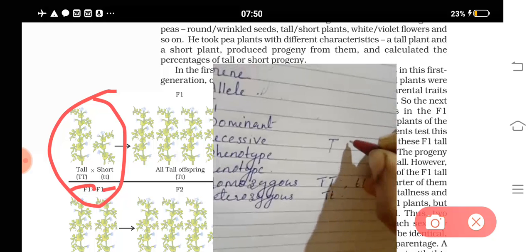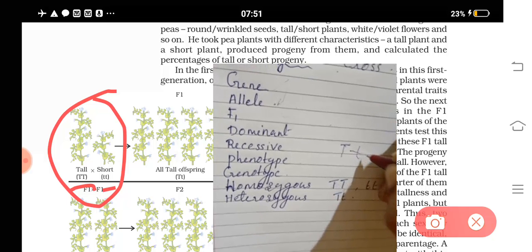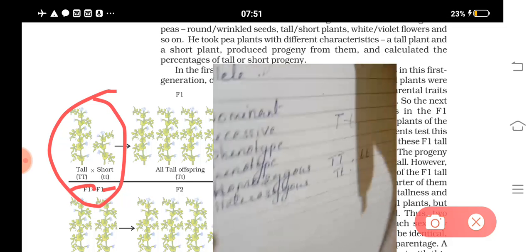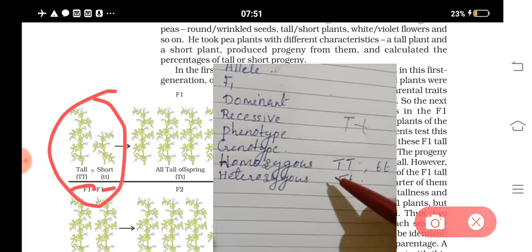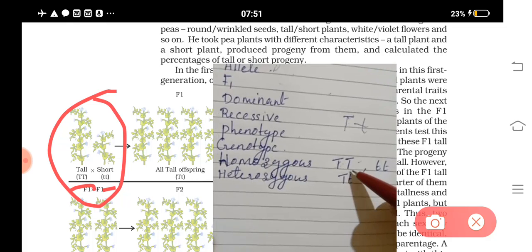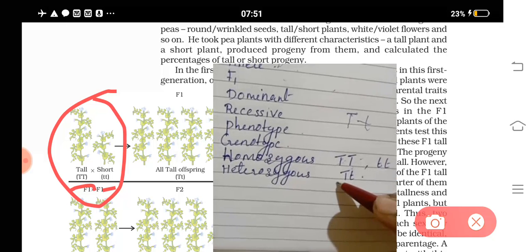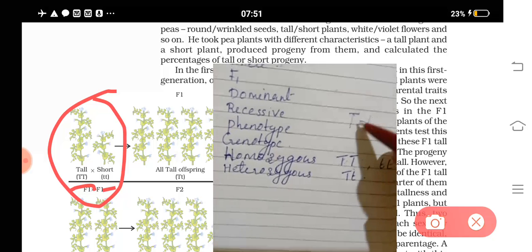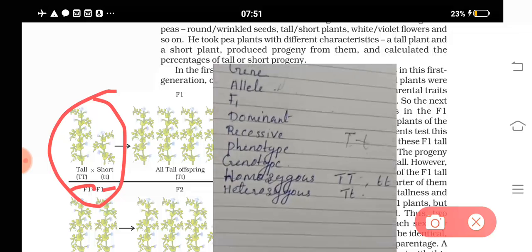In a particular individual there will be two alleles, they can be capital T or small t, or capital T and small t. So capital T and small t are different forms of the same gene.